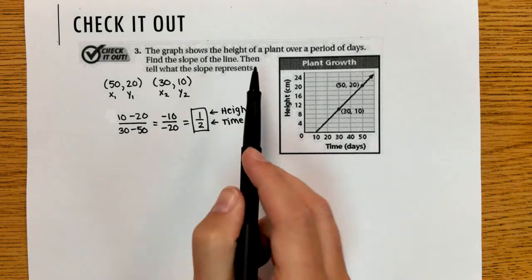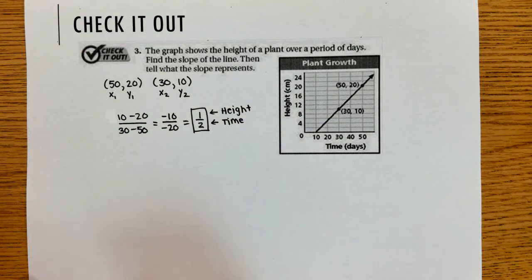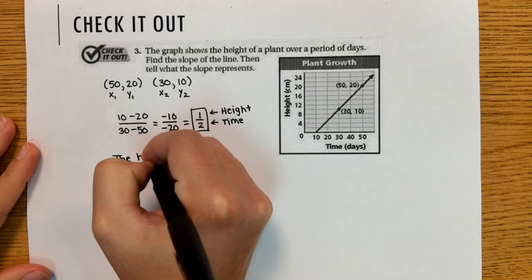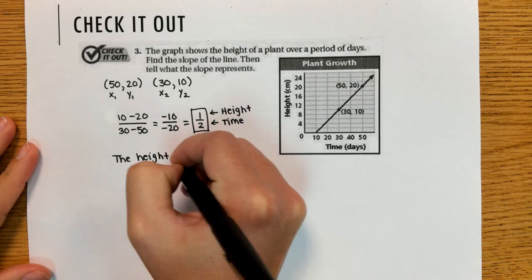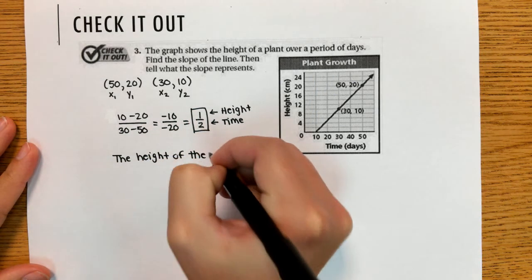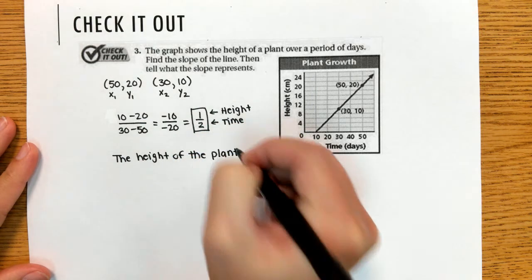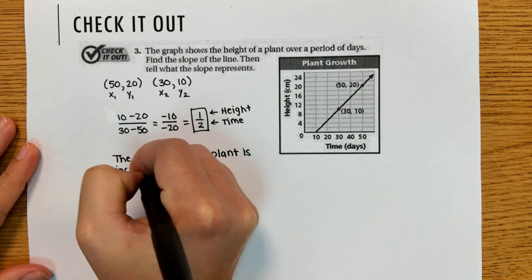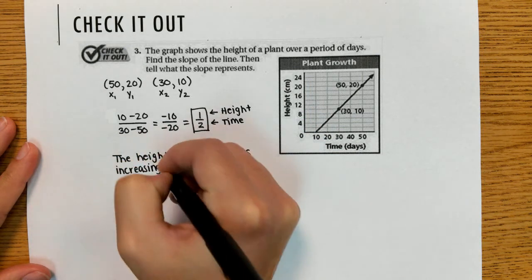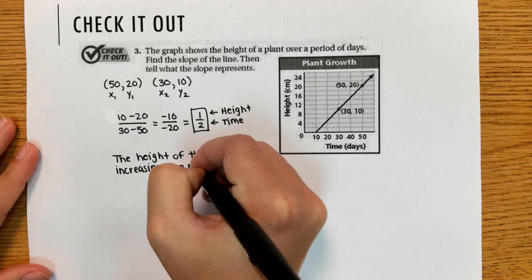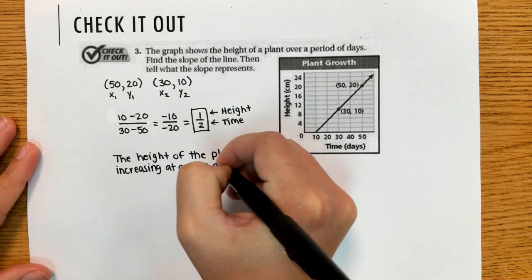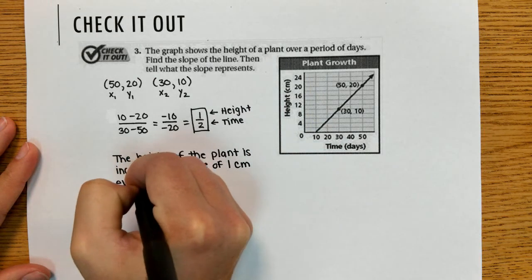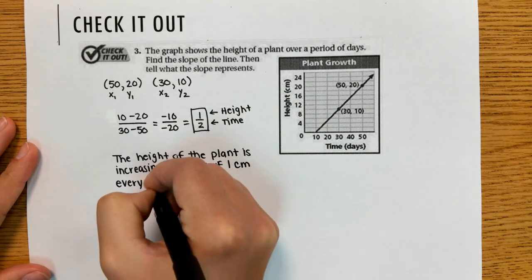So here, we need to describe what the slope represents. So this means the height of the plant is increasing at a rate of 1 centimeter every 2 days.